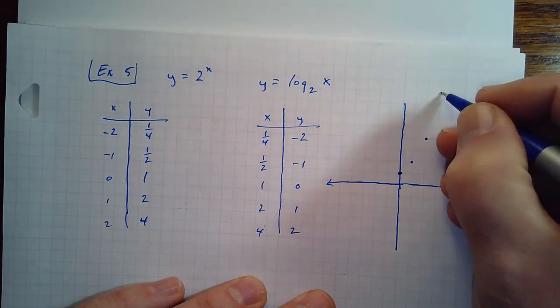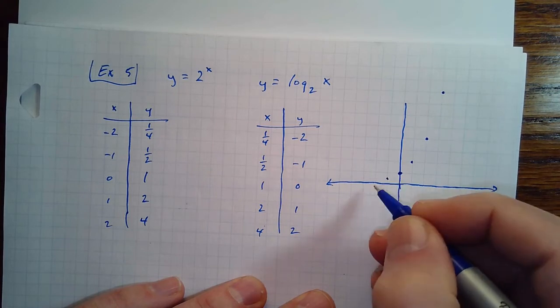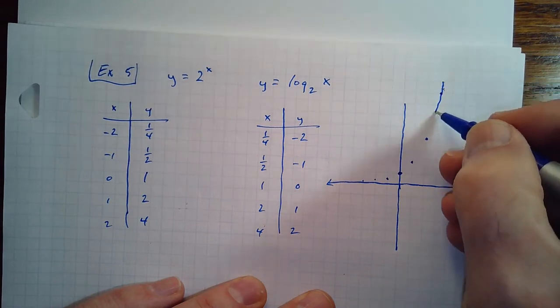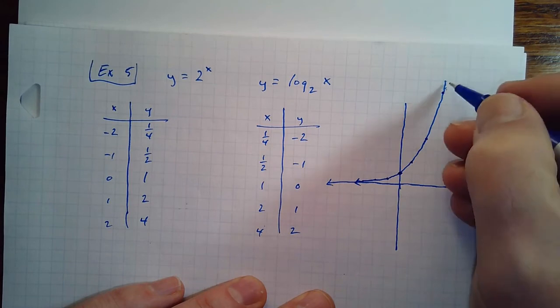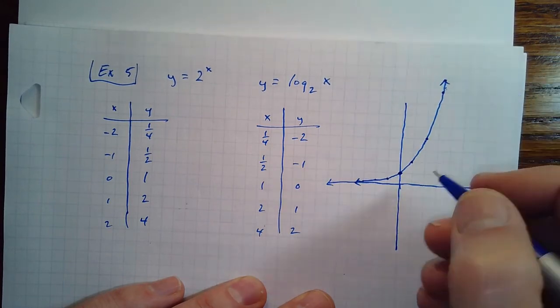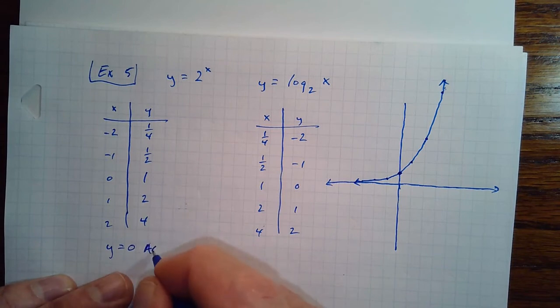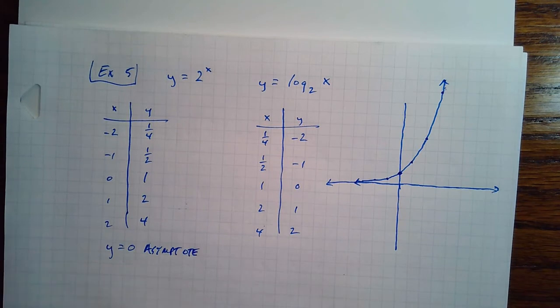If we go to the negatives, that gives us 1/2, then 1/4, then 1/8, etc. So this is our typical exponential growth curve. Notice it has a y equals 0 asymptote.